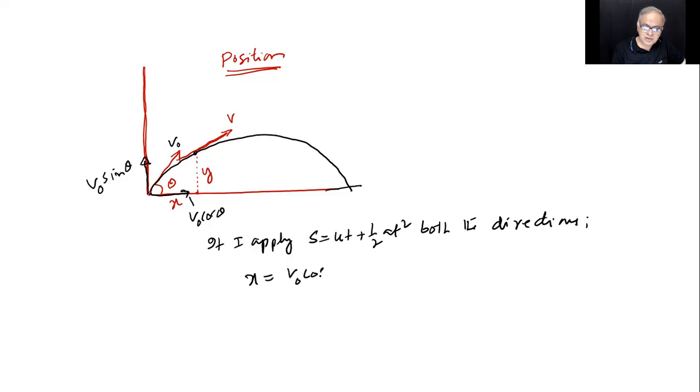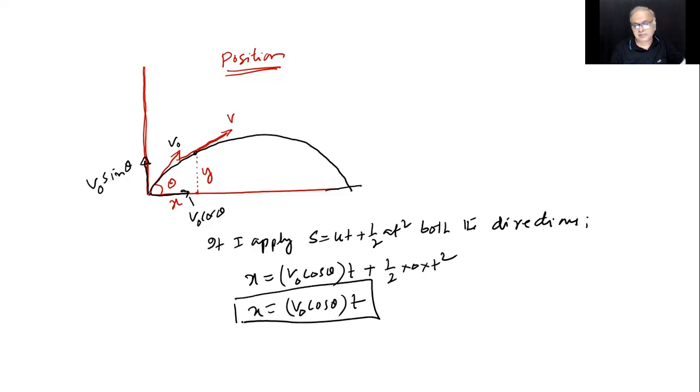V0 cos theta into time plus half. A is how much in this direction? 0. So x will be simply V0 cos theta into time. Do you follow? And y will be V0 sin theta into t minus half g t square. Do you agree?